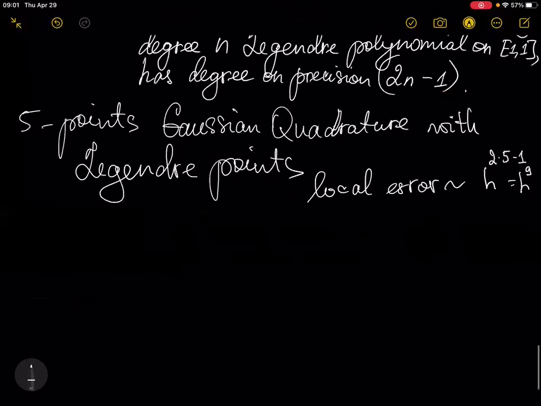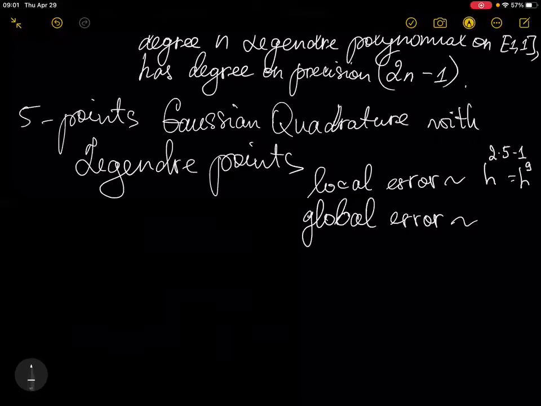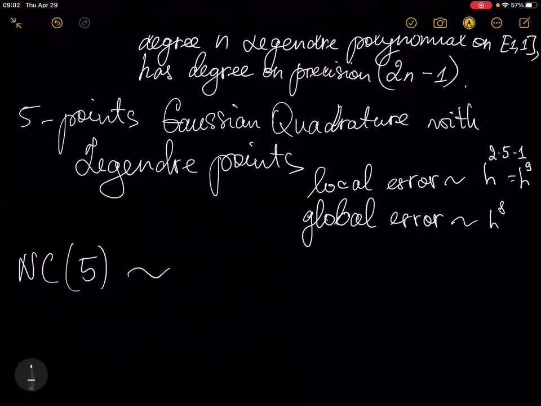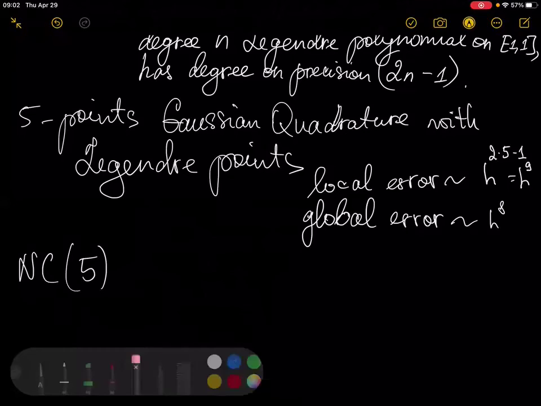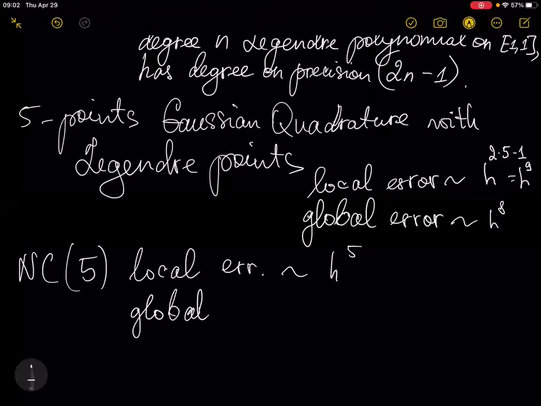And the global error for the composite rule would be something like h to the 8th. So the difference is the following. If, for example, you use Newton-Cotes with 5 points, the local error is proportional to h to the 5th, and the global error is proportional to h to the 4th.